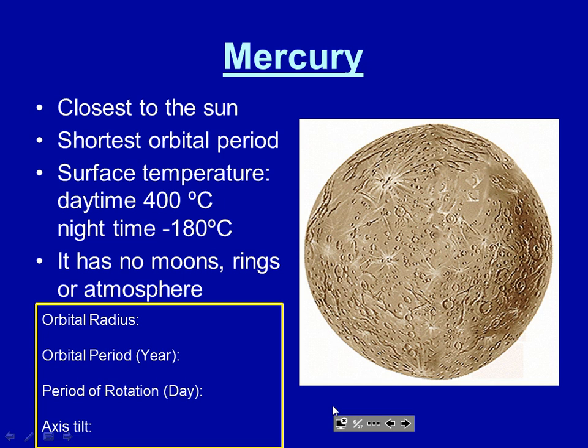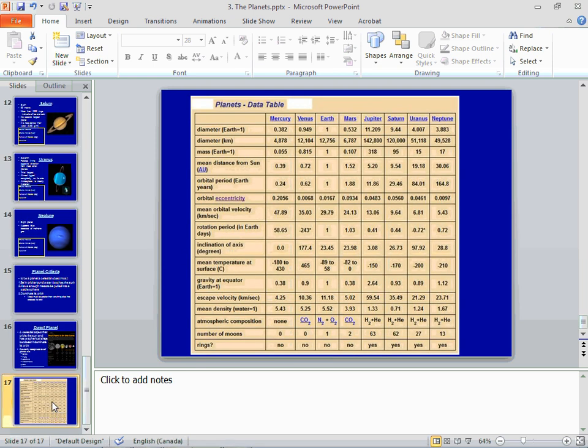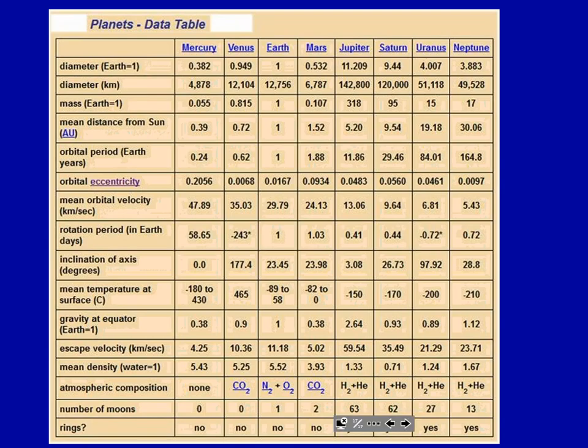Now, if we take a look at the chart, I'm just going to quickly escape out of the PowerPoint, and I'm going to do a little cheat move here. I'm going to roll down to here, click on there, and come back in. You can see here for Mercury, the distance from the sun is 0.39 AU.